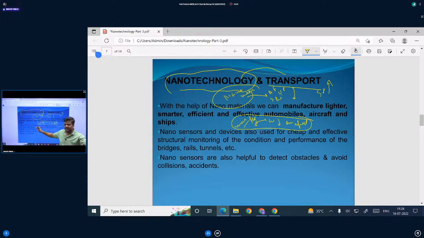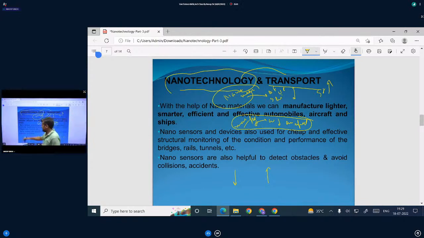These vehicles will become very light, but they have the capability to carry a large amount of load, so automatically their efficiency will be enhanced. With less fuel, you can transport more product or material from one place to another. Got it? With this particular technology.